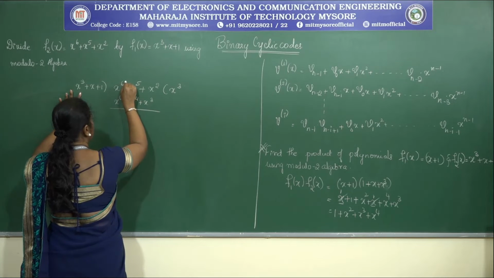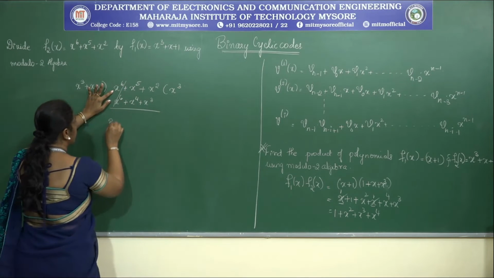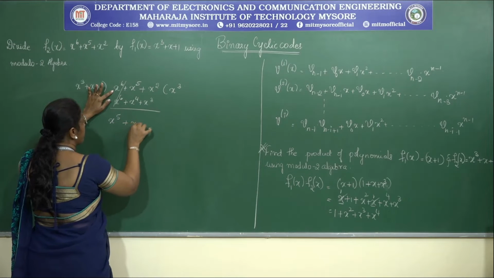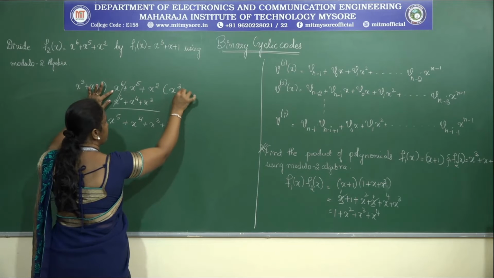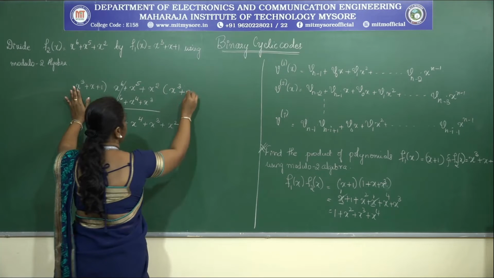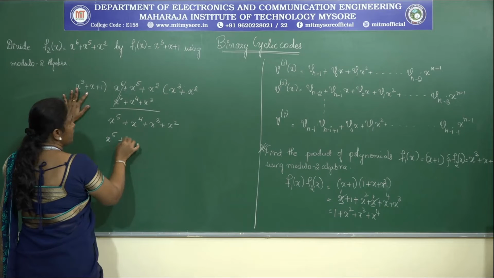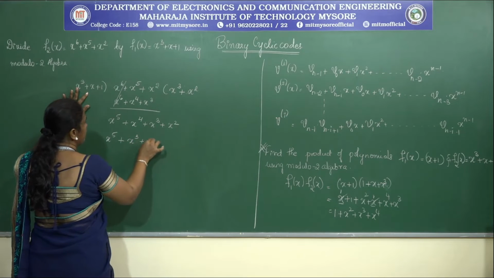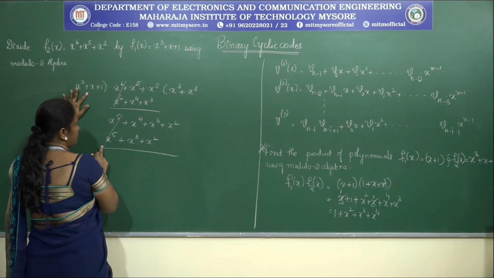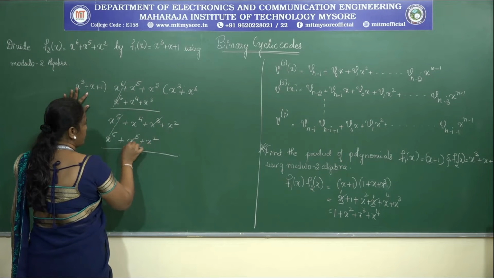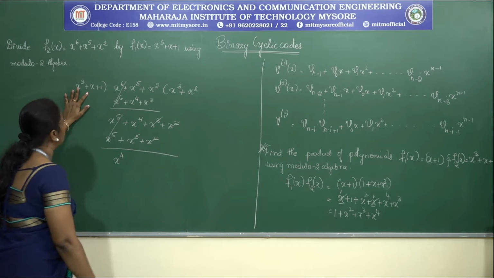Since x power 6 plus x power 6 is 0, we are left with x power 5, x power 4, x power 3 and x square. Once again we have the same terms, x to the power of 5, so this and this as well as this and this cancel, and we are left with only x to the power of 4.